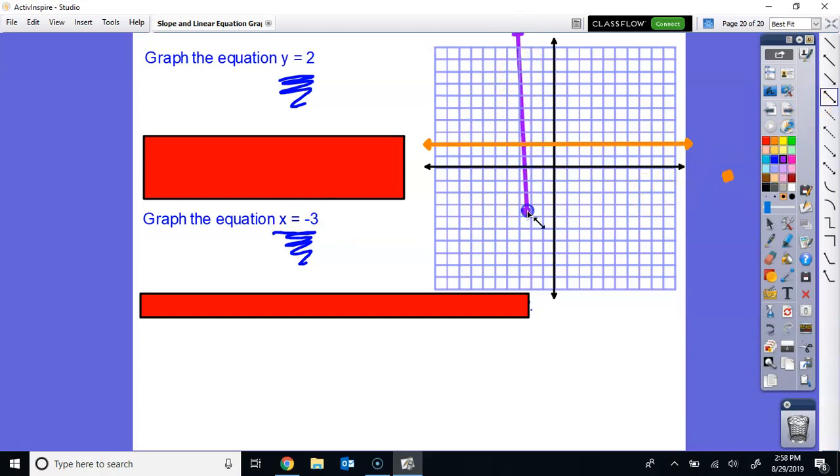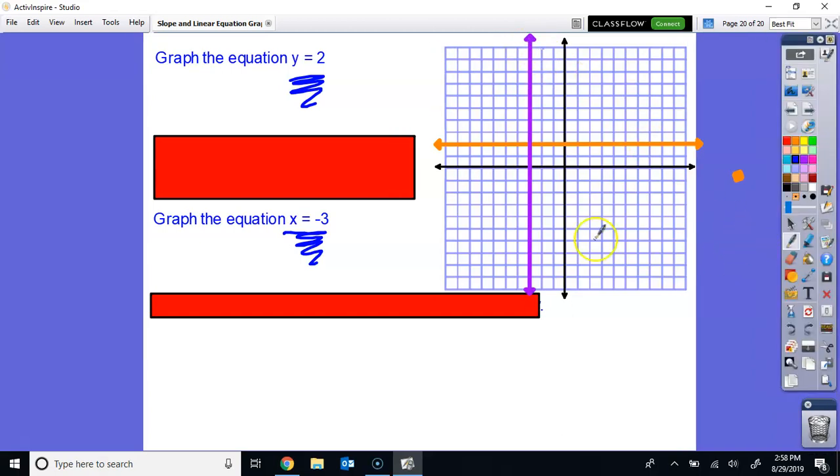So I'm going to go to x is equal to negative 3, and I'm going to put a line, sorry, I'm going to have to watch out for my little box down there, at x equals negative 3 the whole time. So those two types of lines are extremely easy to graph. Those are probably the easiest lines you ever graph because they are just horizontal and vertical. You just got to be able to count, remember which one's which.